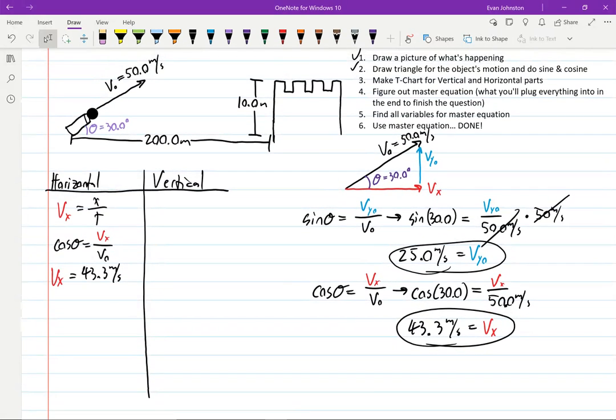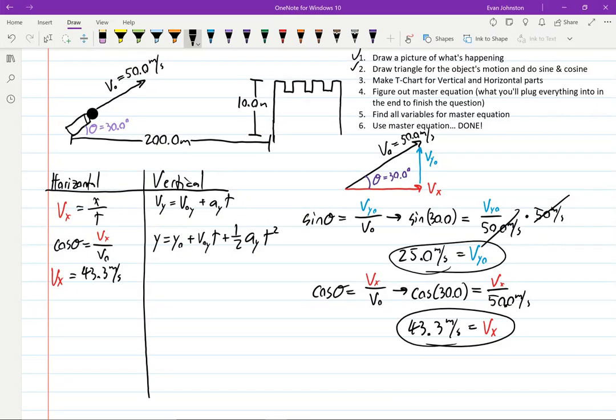Now, let's look at the vertical. We have all these crazy equations from our equation sheet. We have that our y velocity is the initial y plus acceleration in y times time. We have that the y final is the initial plus the initial y velocity times time plus 1/2 the y acceleration times the time squared.